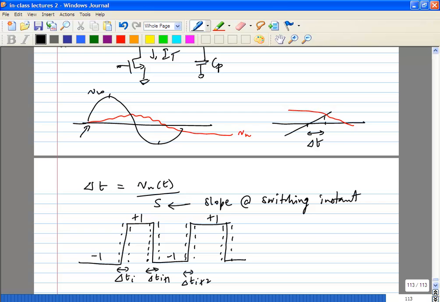So then what do you do? We are going to write this as the sum of the ideal switching. Let's call this SR of t.